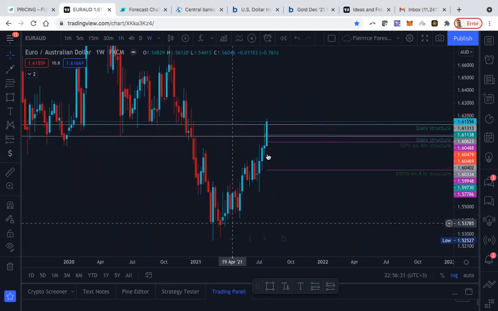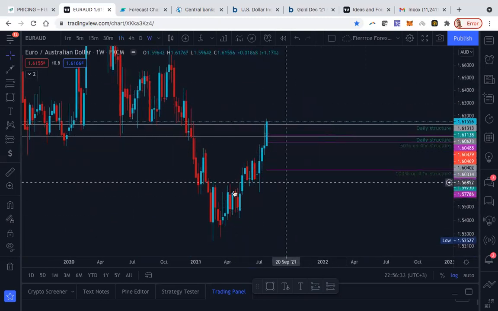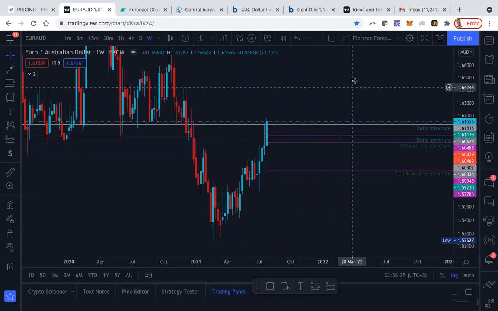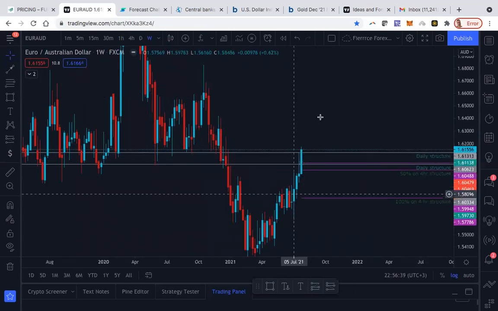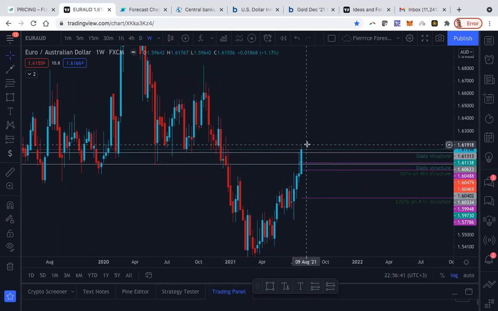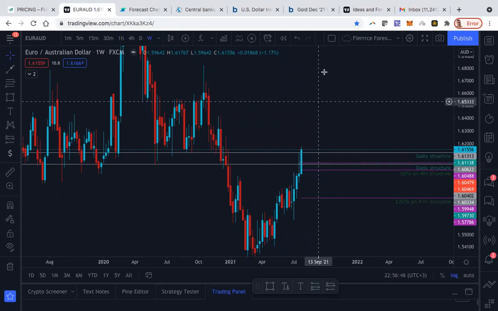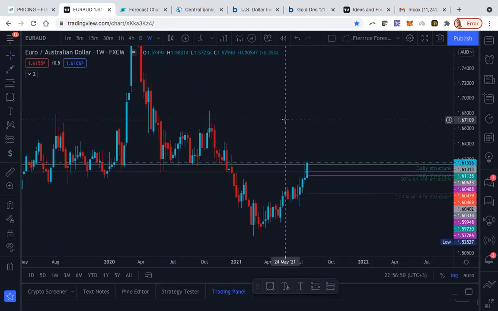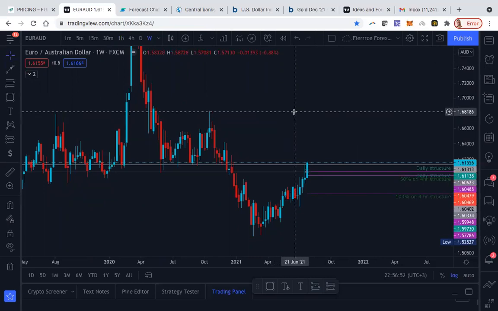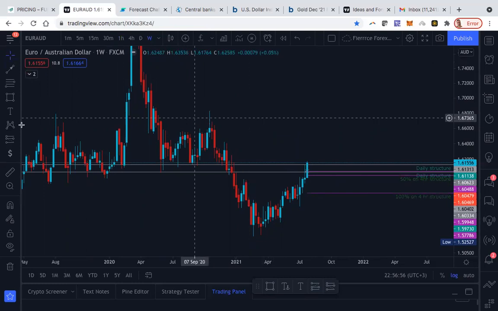Euro AUD shifted higher, came below, it's just been taking out lower highs and shifting higher. We are now at this level. I would want to see what happens here. We may actually just continue to push up, okay? We may continue to see a shift up.